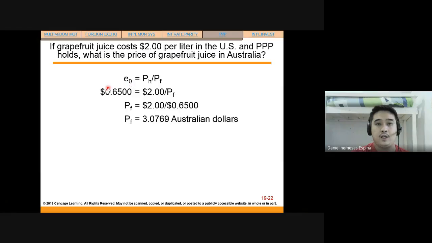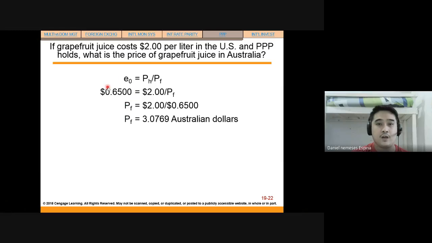We know the spot rate: one Australian dollar is equivalent to 0.65 US dollar.